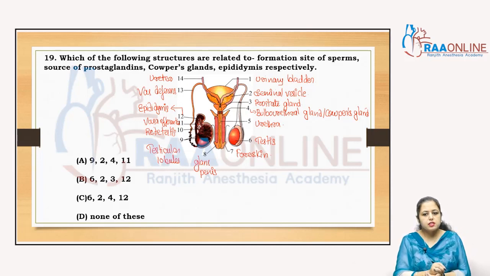So this is the structure of the male reproductive system, right? Now according to that diagram, we will have to answer these, that is the formation site of the sperm.